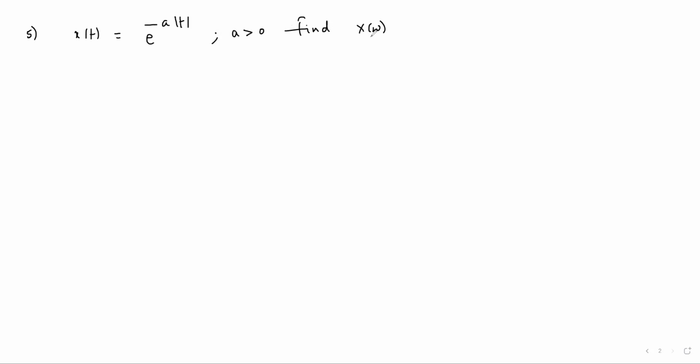Let us find X of omega for this both-sided signal. What is the graph for this signal? First, mod t. Mod t is minus t when t is negative, and on the right-hand side mod t is plus t.